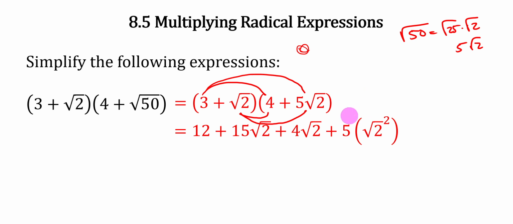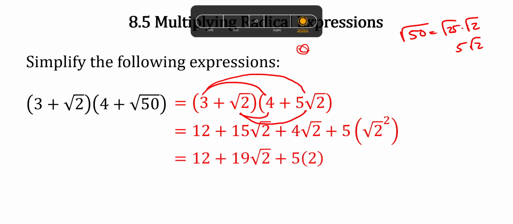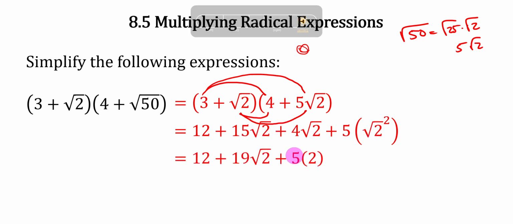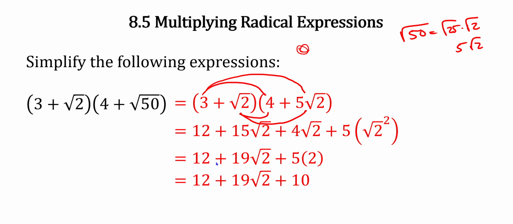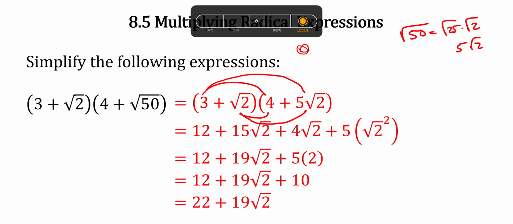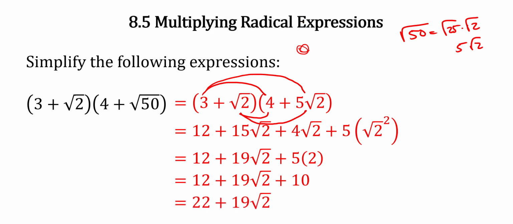So this is going to be 5 times 2. If you had made this the square root of 4, well, guess what? You'd get 2. So it really doesn't matter either way you do it. I can combine these and should get 19 square root of 2. This is going to be 10. 10 plus 12 is 22. 22 plus 19 square root of 2.